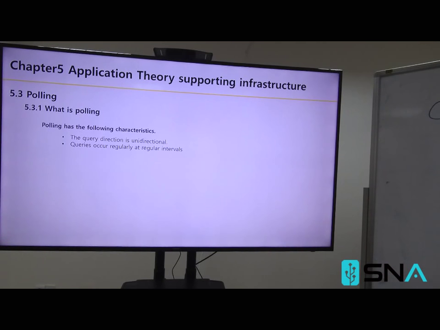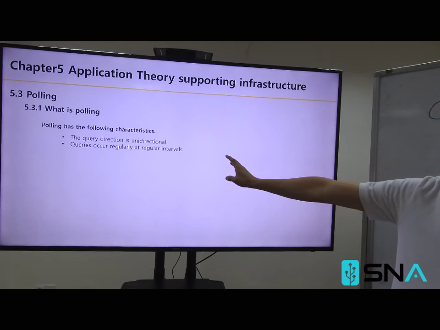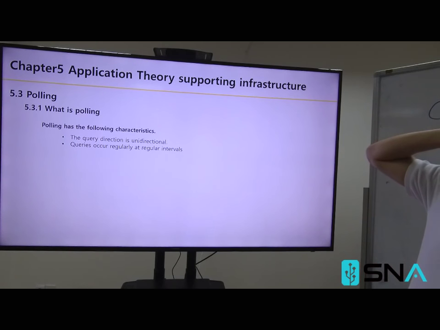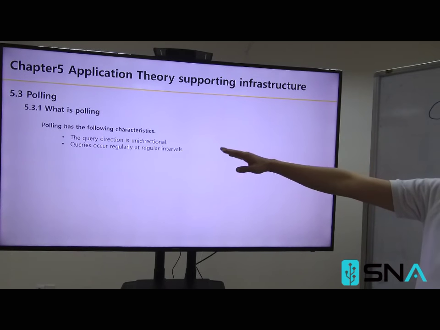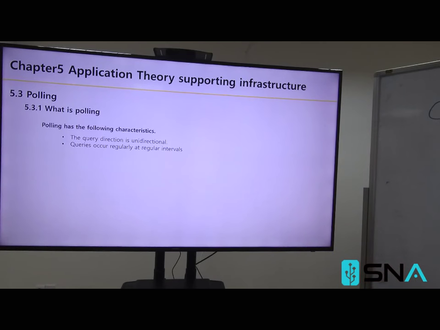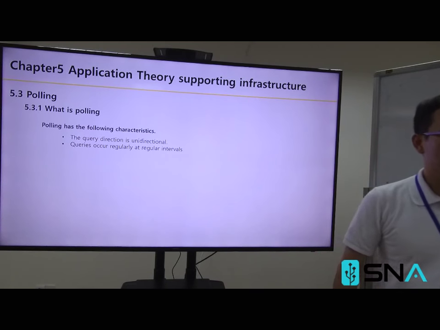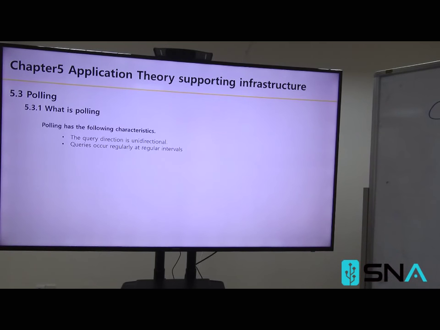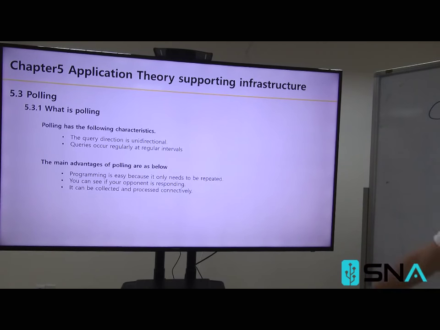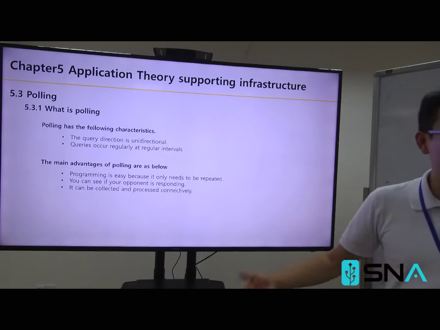So polling has the following characteristics. The communication direction is unidirectional. Querying at a regular interval is really important. The main advantage of polling is that programming is easy.